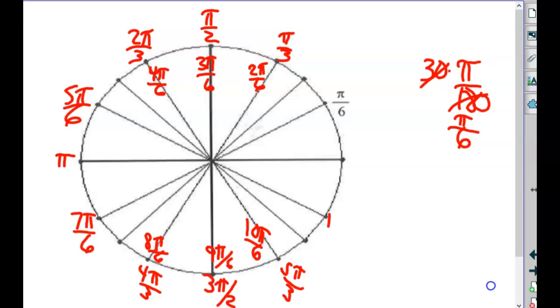Be careful. 11 pi over 6 doesn't reduce. This was 0 or 2 pi. Feel like you can do that pretty fast? Because you do have to do this stuff in a timed situation.